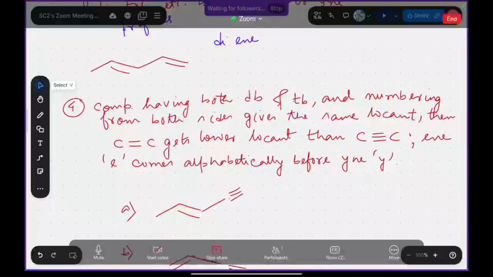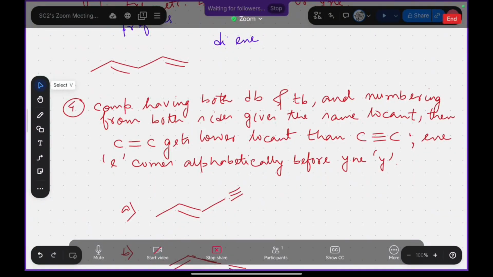The locant has to be given in such a way that the carbon-carbon double bond gets the lower locant. If numbering from both sides gives the same locant, that means from the left hand side and from the right hand side you get the same locant, in such cases the double bond is given the lower locant and the triple bond is given the higher locant.